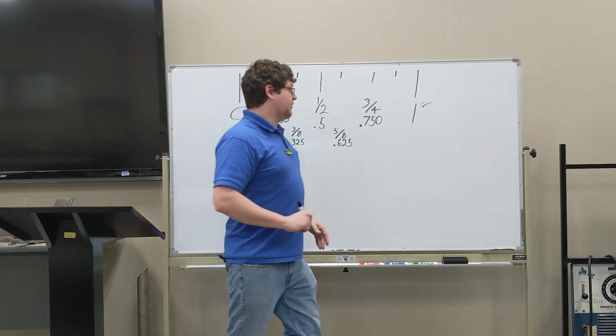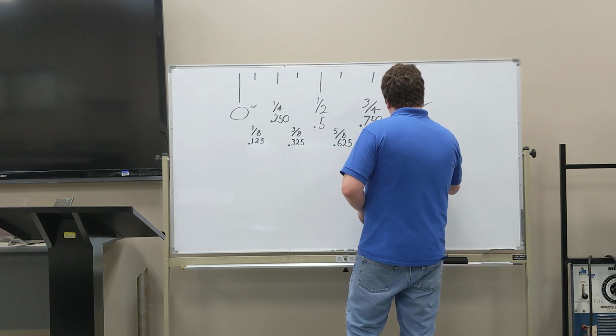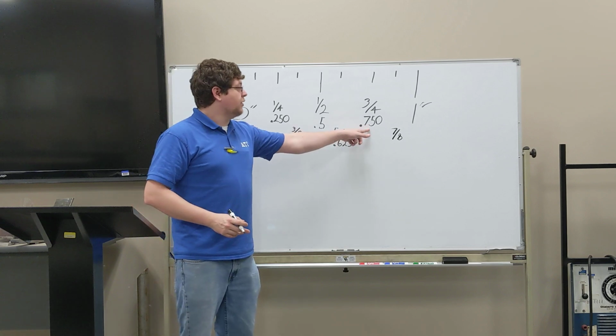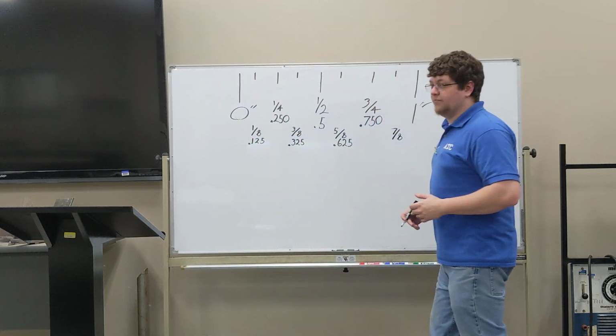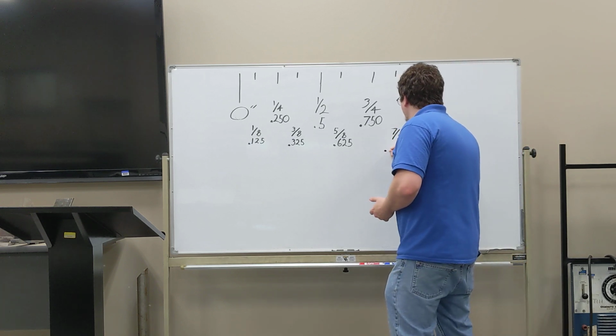Now we're down to 7/8. Much like before, what is 7/8? 7/8 is just 3/4 plus 1/8, so 0.75 plus 0.125.